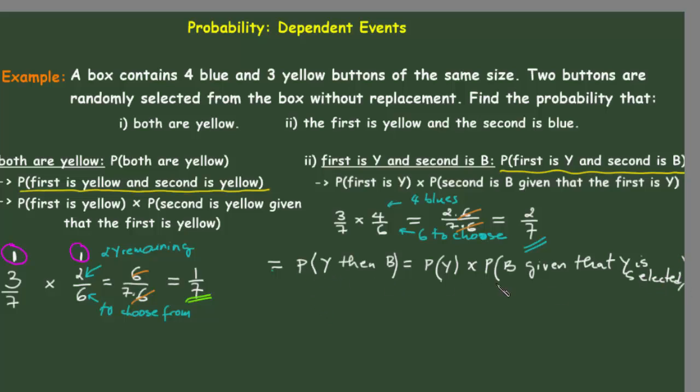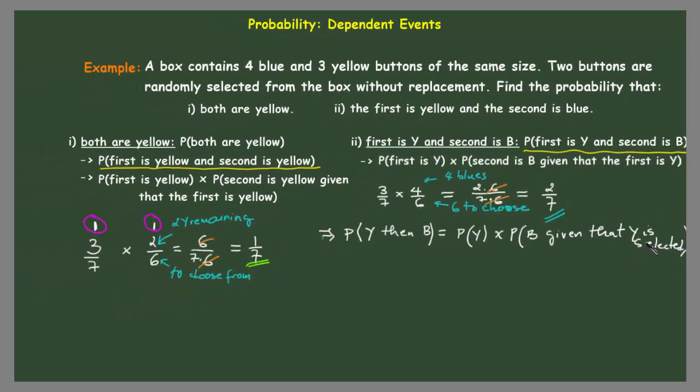It means that they are dependent. So if you want to have the probability of yellow and then blue, or yellow and then yellow, you're first going to have yellow, and make sure that you pick yellow. Then you can pick the blue out of the box.